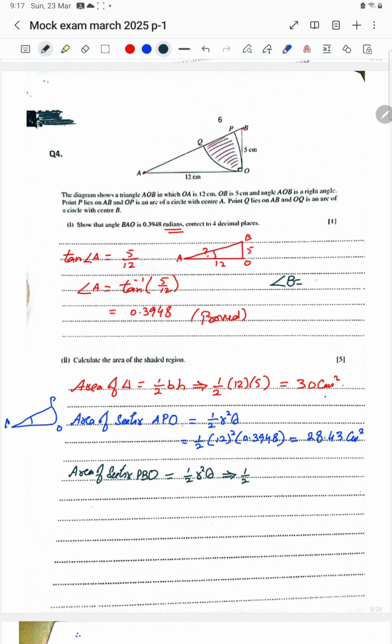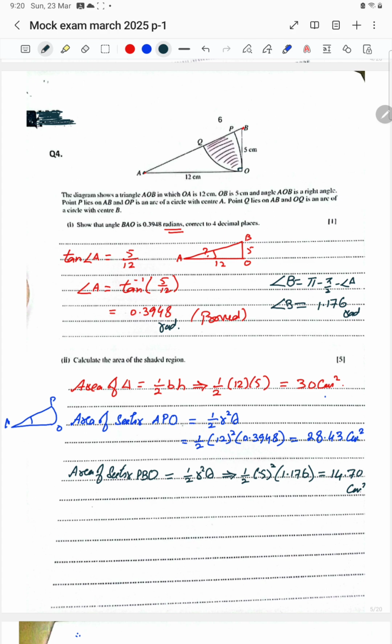Total angle is pi minus pi by 2 minus angle A, and we can calculate it. We will get on the calculator 1.176 radian. Here radian as well, because the answer is in radian. So we can use here r is 5 square and 1.176. Use a calculator. We will get 14.70 centimeter square.